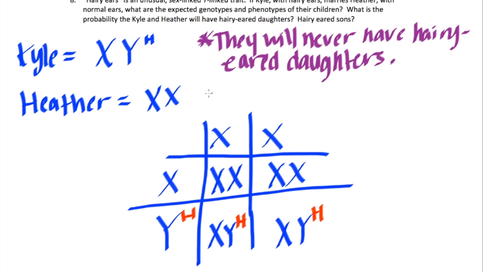And then our second question says, their sons. All the sons that Kyle and Heather have will have hairy ears because that dad is carrying that hairy-eared Y chromosome. Any chromosomes that he ever gives to his son will have that hairy-eared trait on it.